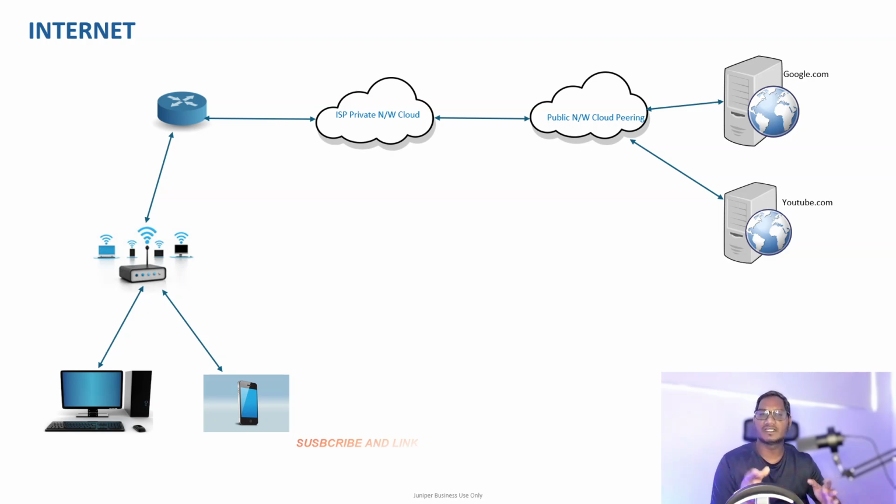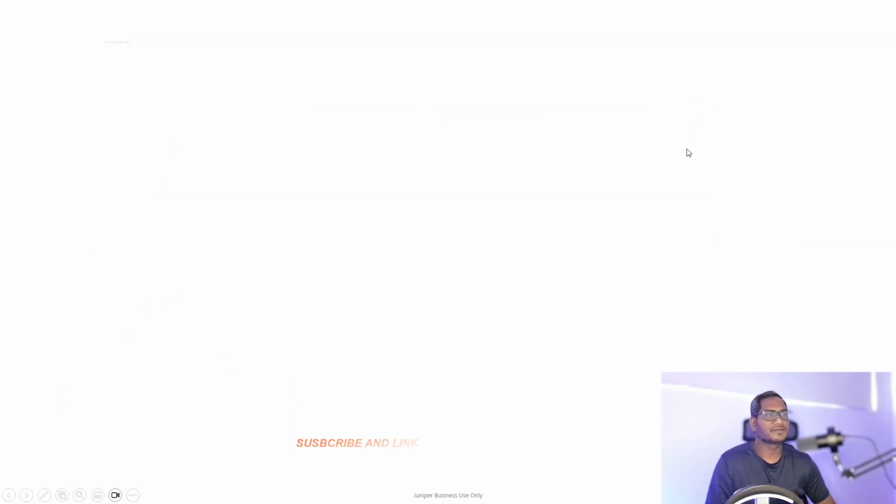Without the internet, I wouldn't be recording this video and uploading it to YouTube, and you wouldn't be watching it. So the internet network is also a must, and nowadays internet service has become massive after AI, because without AI we are nothing. So AI is also included in the CCNA course version 2.0. We will see that in upcoming slides in future videos.